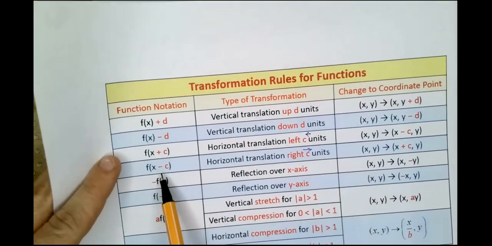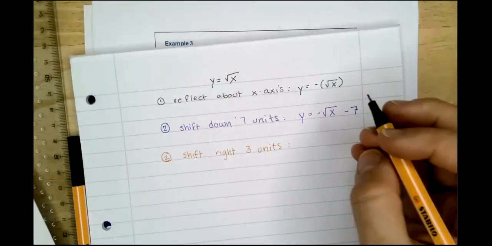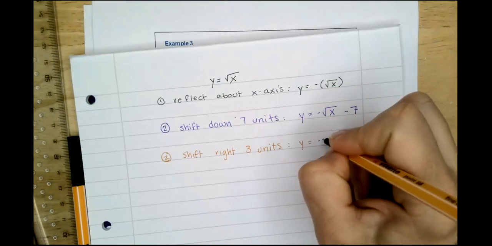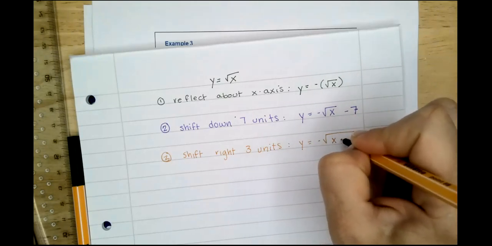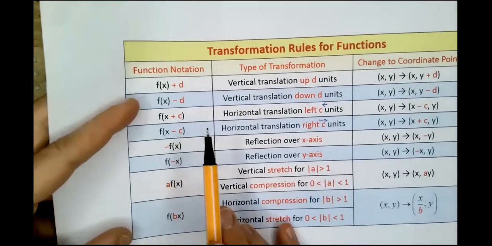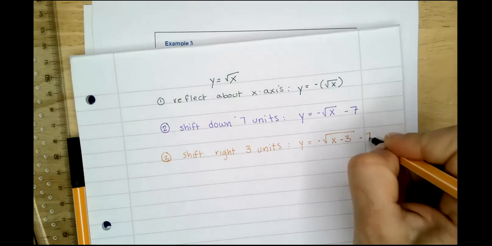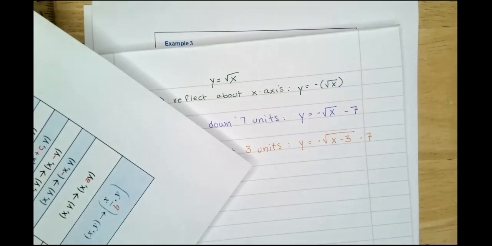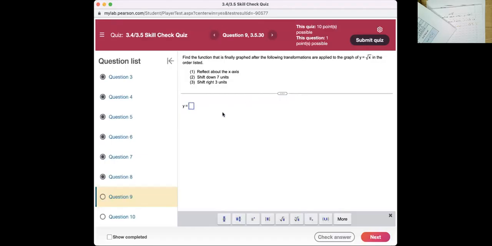Right 3 units means negative 3 inside the grouping symbols. So y equals negative square root of x minus 3, because right means minus. So I'm going to say that this is y equals negative square root of x minus 3 minus 7.